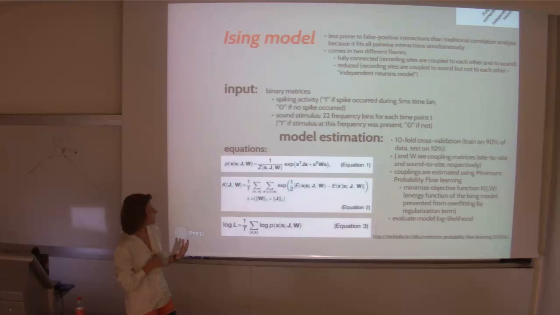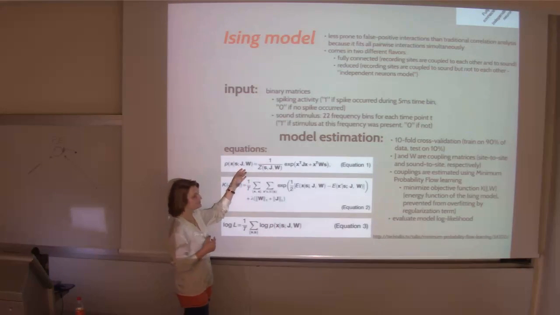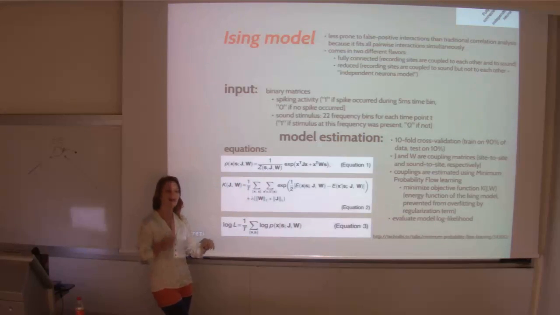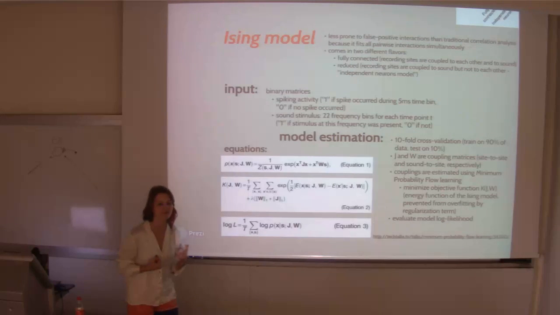Then what the model really does is it takes these 2 inputs and it tries to predict the output, the X, given the stimulus, using matrices that it makes that are sound-to-site coupling and site-to-site coupling. So the weights of these matrices are learned using minimum probability flow learning.